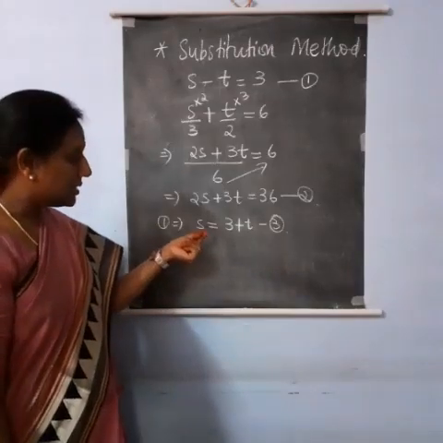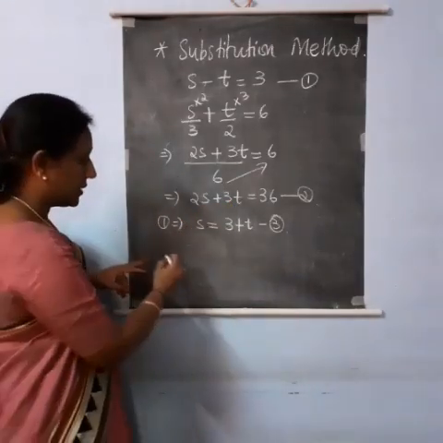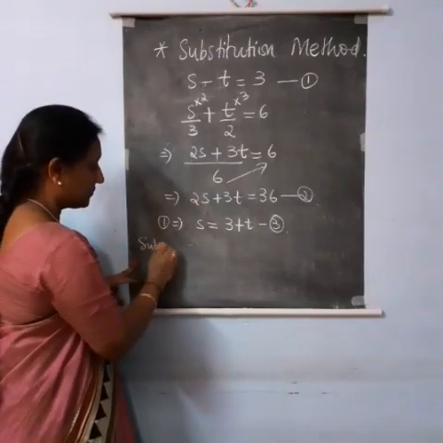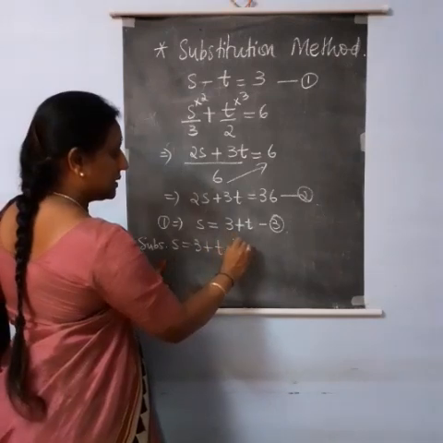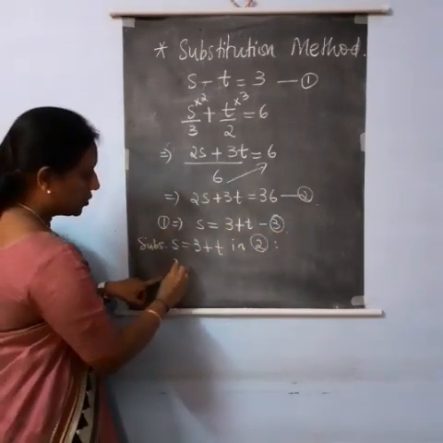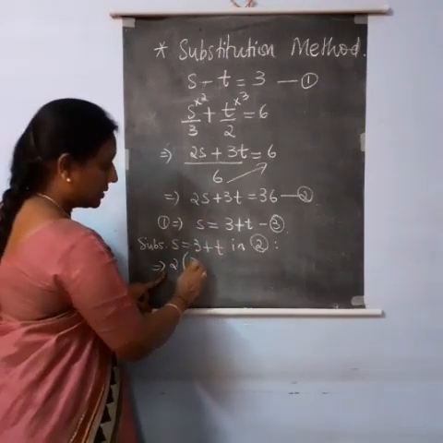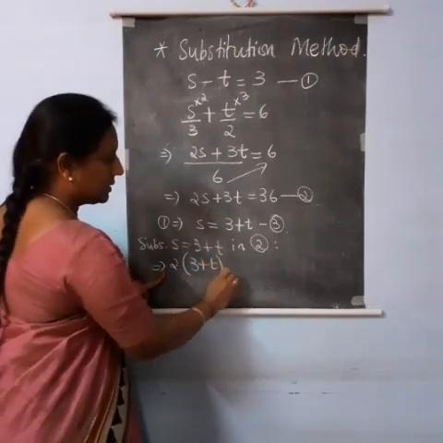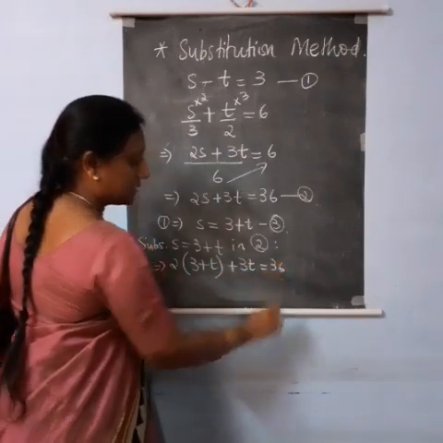Now substitute this value in the second equation. So what do you get? Substituting s is equal to 3 plus t in 2. What will you get? So 2 into, instead of s I am going to put 3 plus t, plus 3t equal to 36.